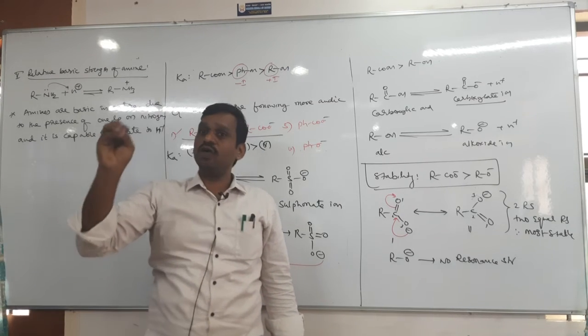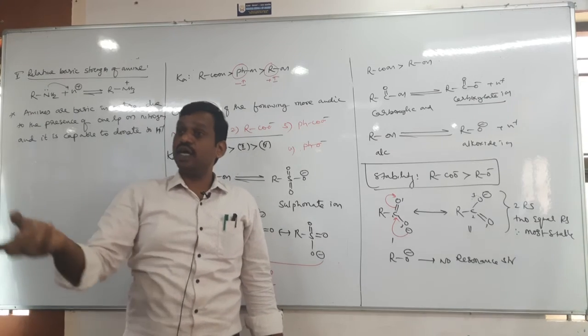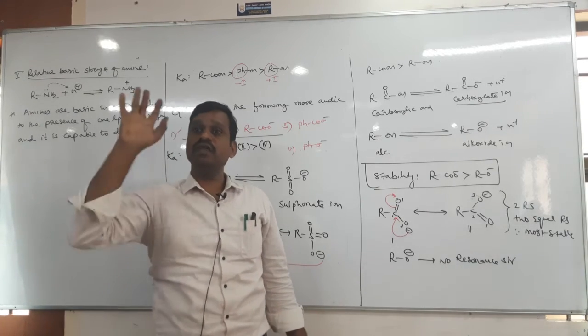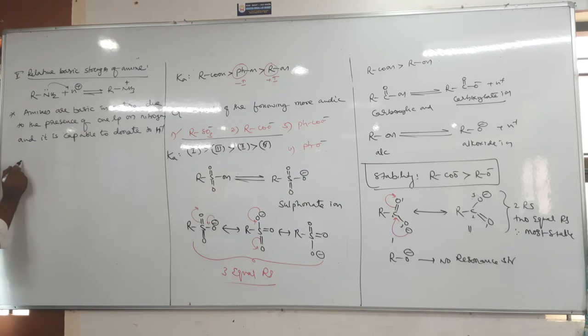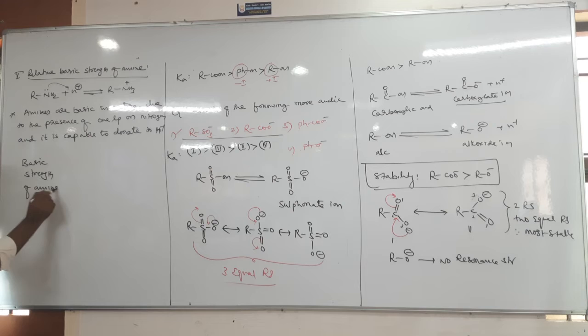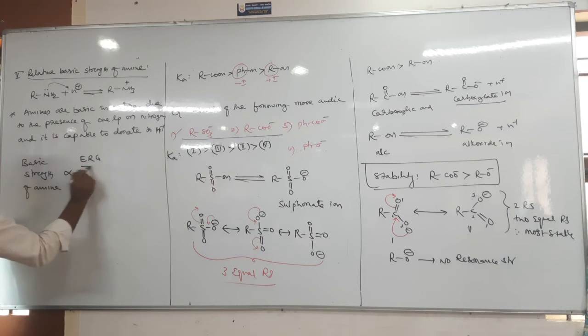Therefore electron releasing group makes amines more basic. Electron withdrawing group makes amines less basic. So therefore now tell me, basic strength of amine is directly proportional to electron releasing group, inversely proportional to electron withdrawing group.